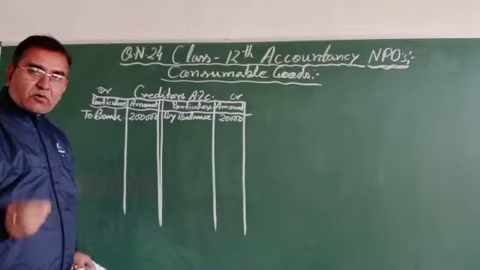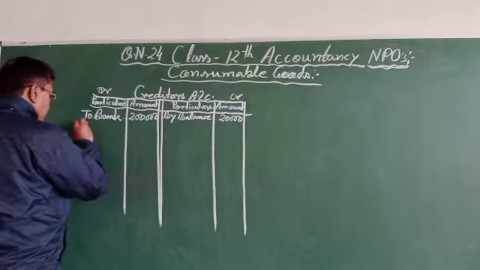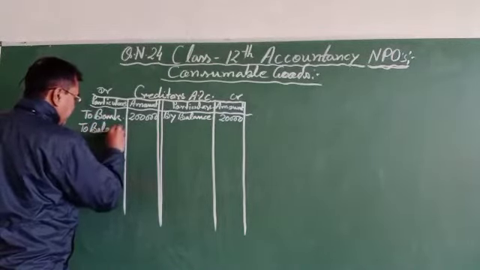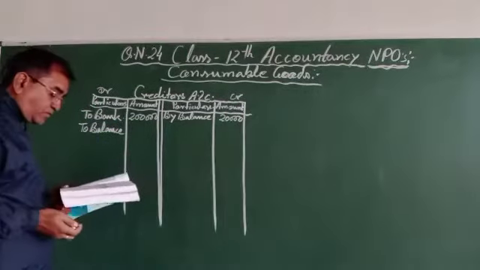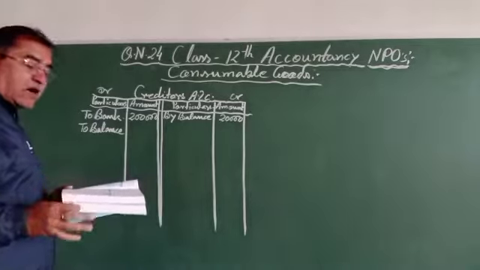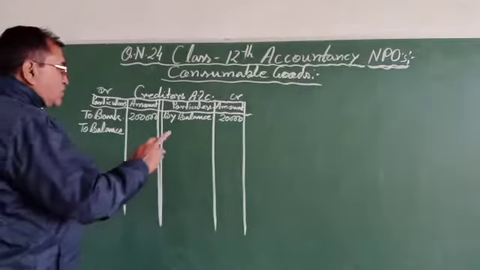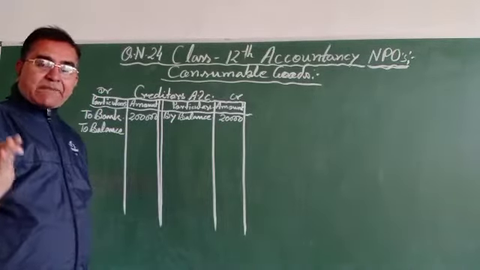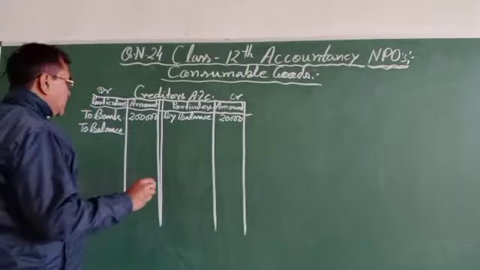Then the closing balance of creditors is a credit balance. The closing creditors are 50% of opening creditors, and 50% of 20,000 will be 10,000.